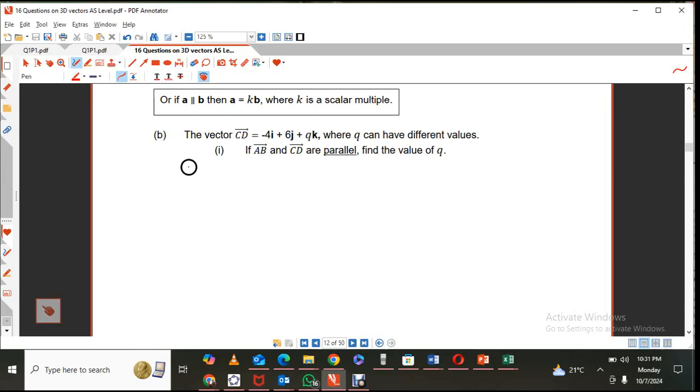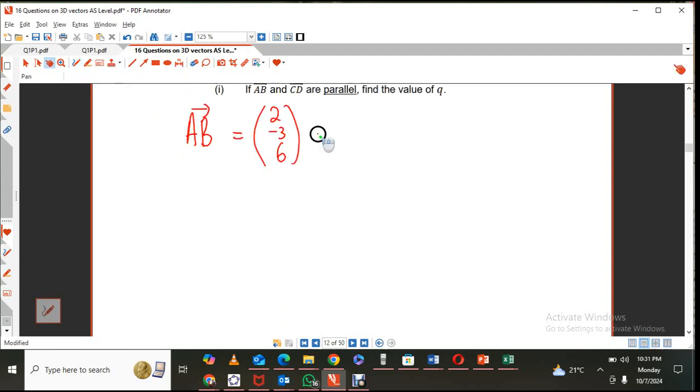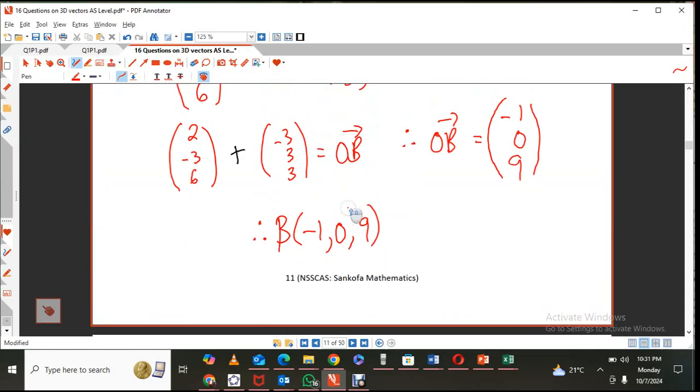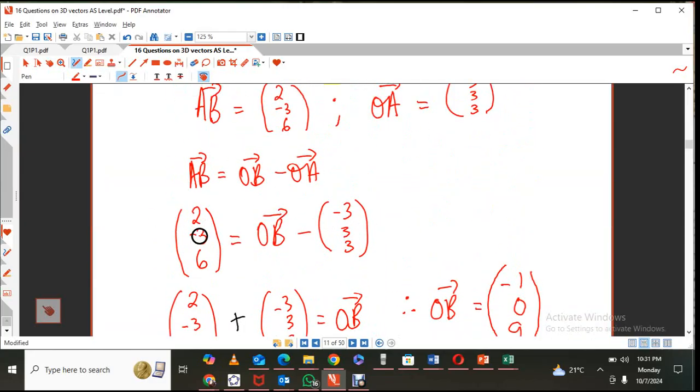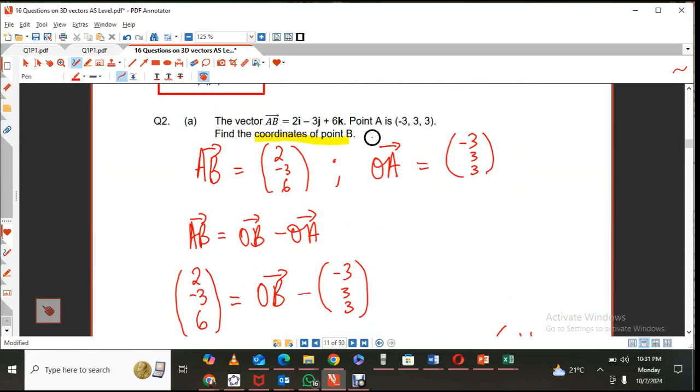So let me first write down what I know. I know from before that AB is 2, negative 3, as well as 6. You can just go back to make sure that you have written it down correctly.